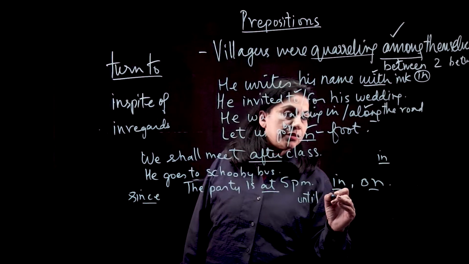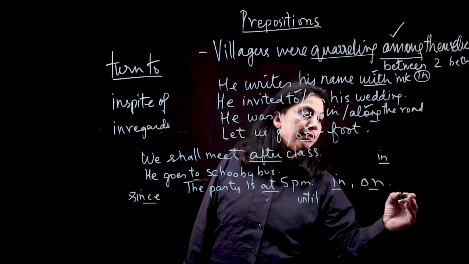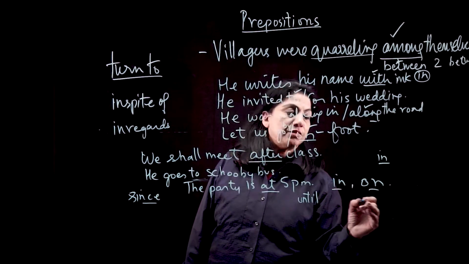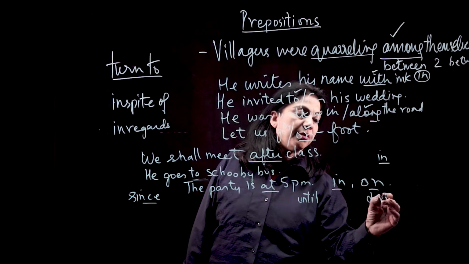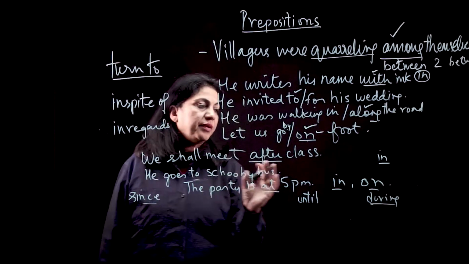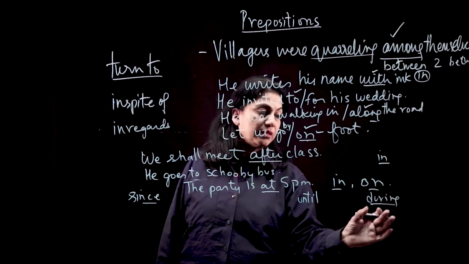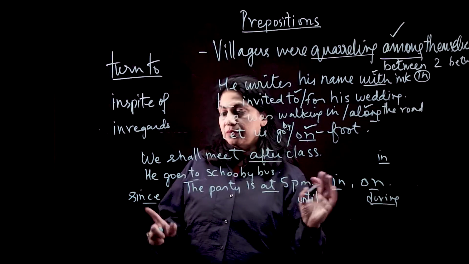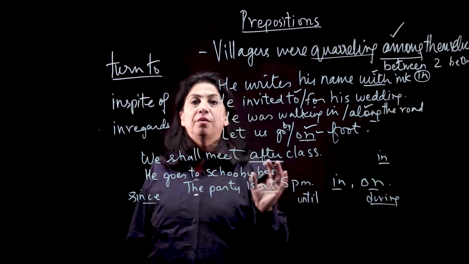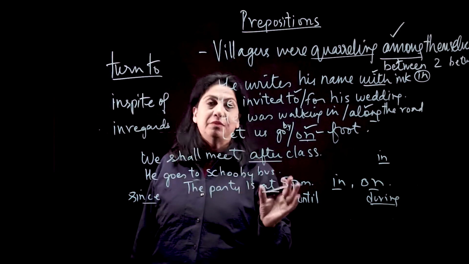The students eat their lunch during the recess. So the word "during" becomes the preposition. Have you understood how we identify these prepositions? They tell us when it happens. So the relationship of that word in the sentence is very important because it makes the sentence complete.